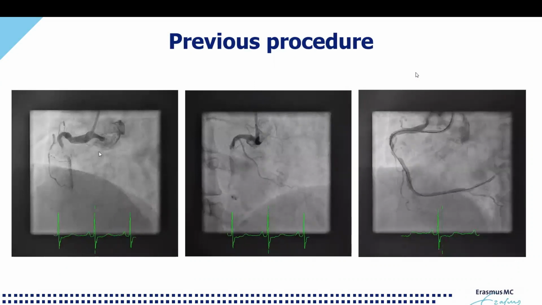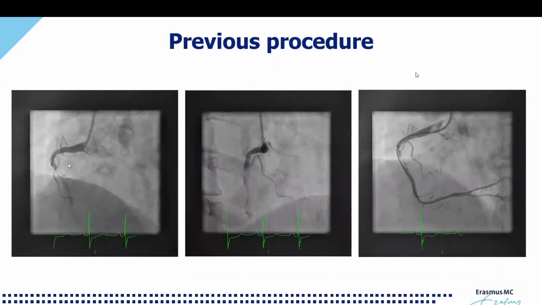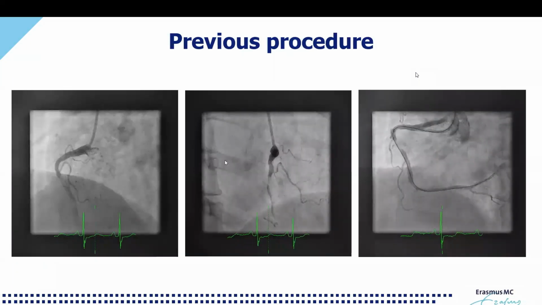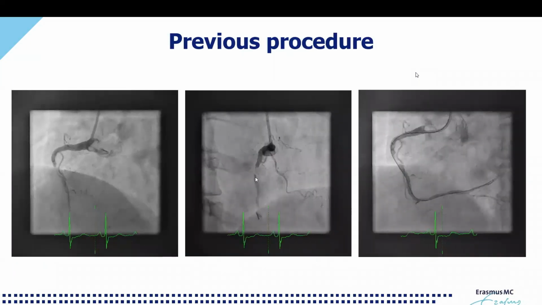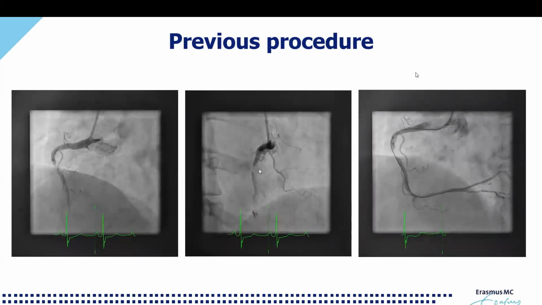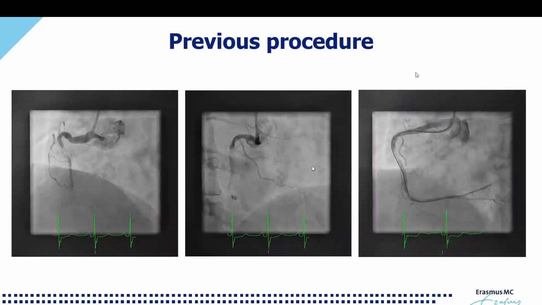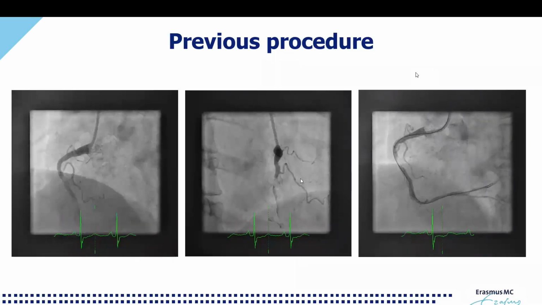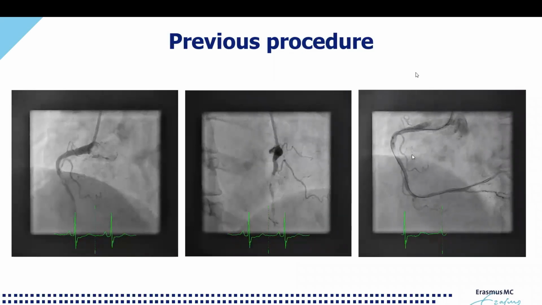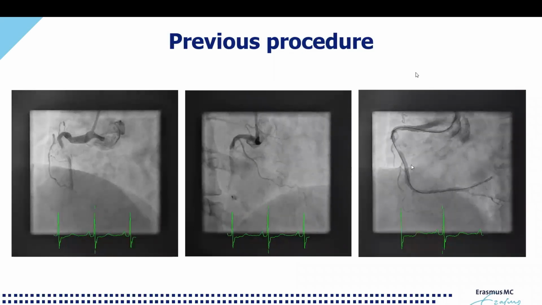Now you see, they called it a CTO case. And I think that already on the angiogram, we see that it's very likely that we see some calcium in there already. Well, after some struggling with the wire, they passed with the wire, and that resulted in this angiogram.